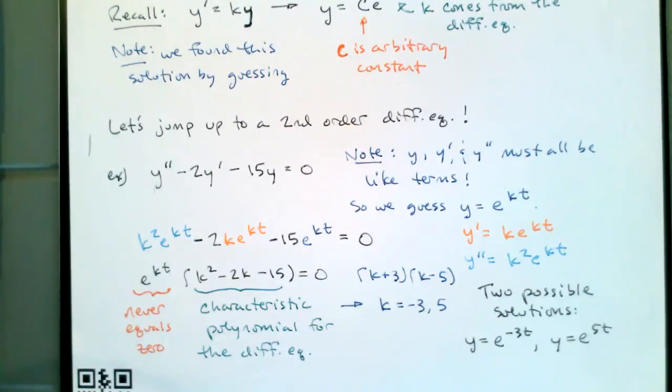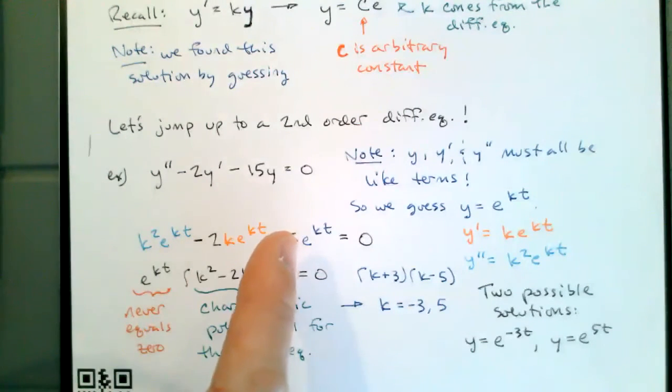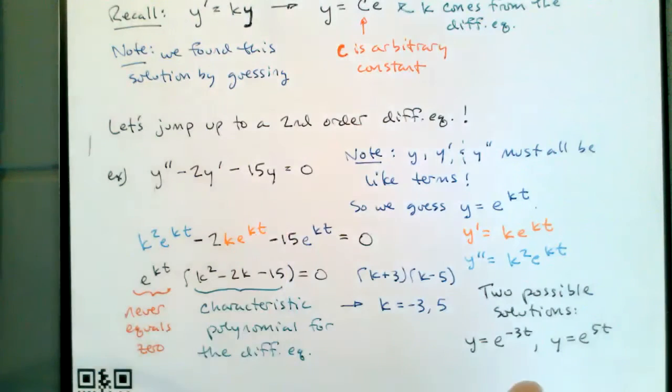So if we're going to have a solution to y double prime minus 2y prime minus 15y equals 0, it will have to be some combination of e to the -3t and e to the 5t.